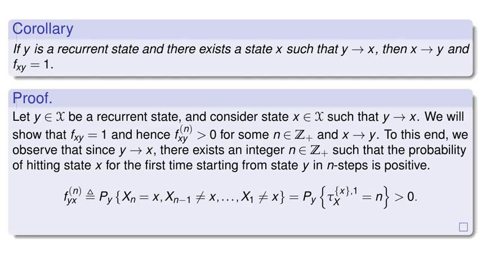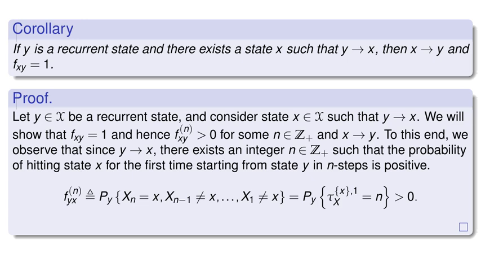To this end, we observe that since y is accessible from x, there must exist some non-negative integer n such that the probability of hitting state x for the first time, starting from state y in exactly n steps, is positive.